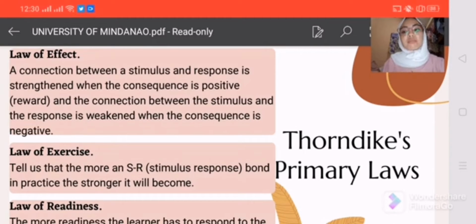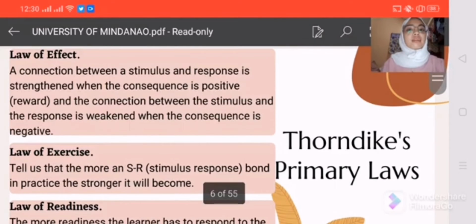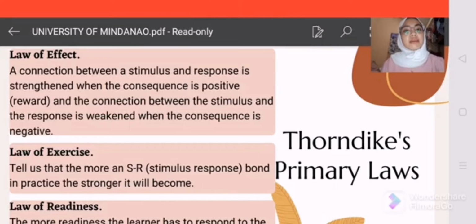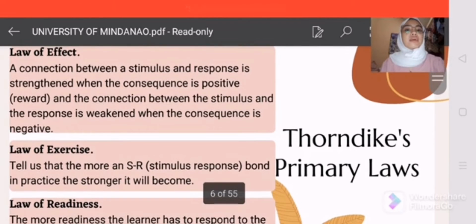Meron din naman mga students na very magalaw. Like for example, sa pamangkin ko, kapag hinatid ko siya sa daycare, ako kasi yung naghatid sa kanya sa school, is very umiiyak, ayaw mag-participate. So sometimes kapag naiirita ako, kinukurot ko siya, or tinatakot ko, hala, sige, hindi ka makinig kay ma'am, pagdating sa bahay paluin kita.